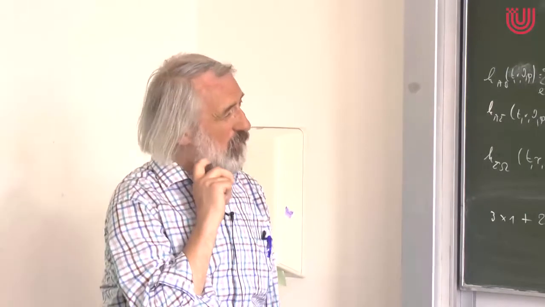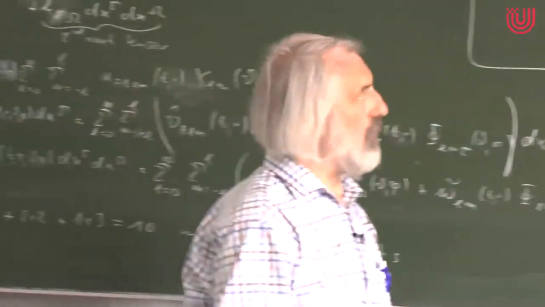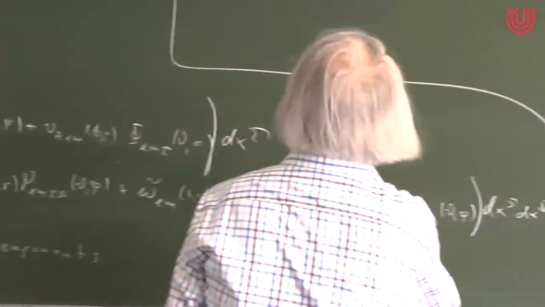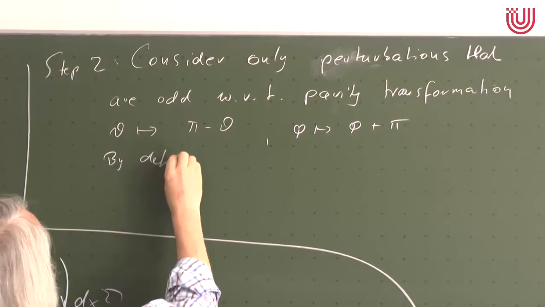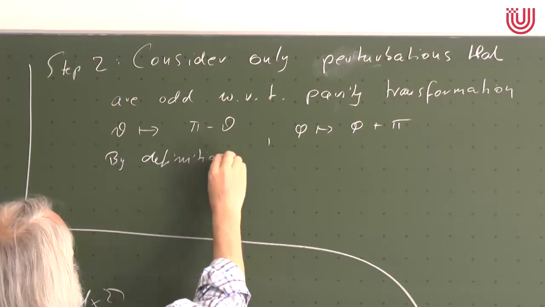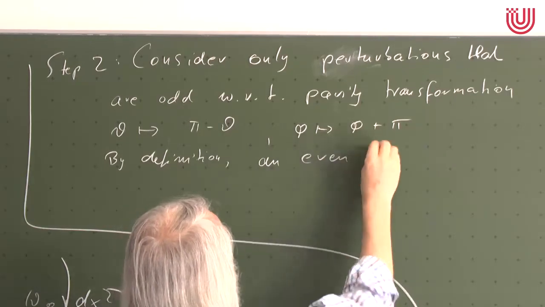And you will see that all of these basis vectors transform either evenly or oddly. So what do we mean by that? By definition, an odd, or let's begin with an even.